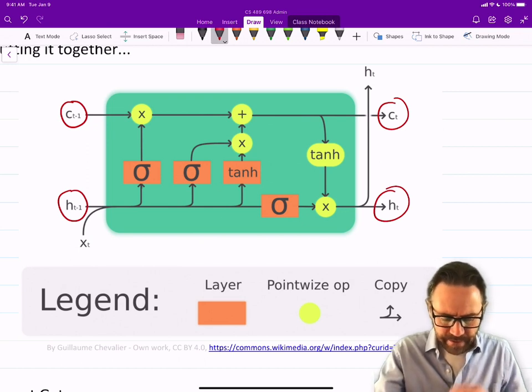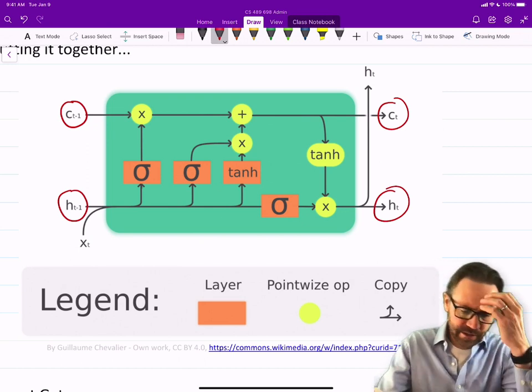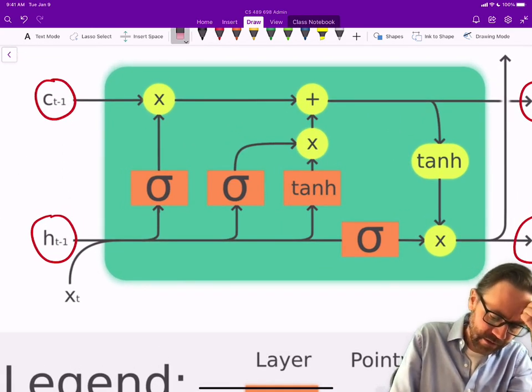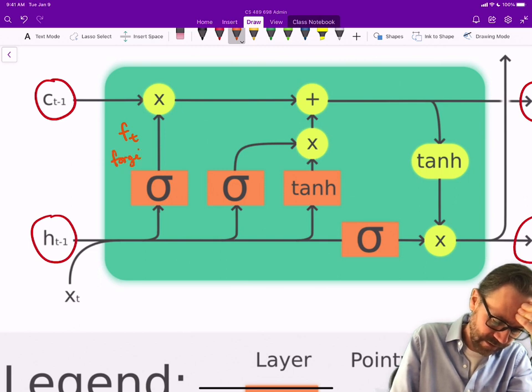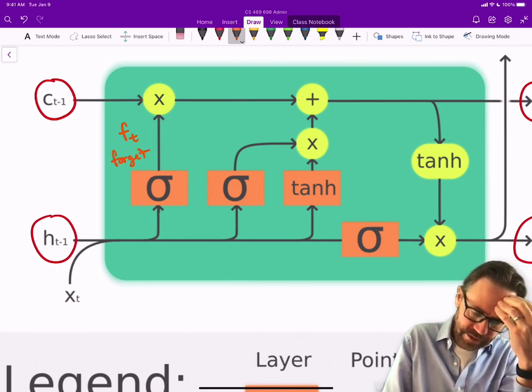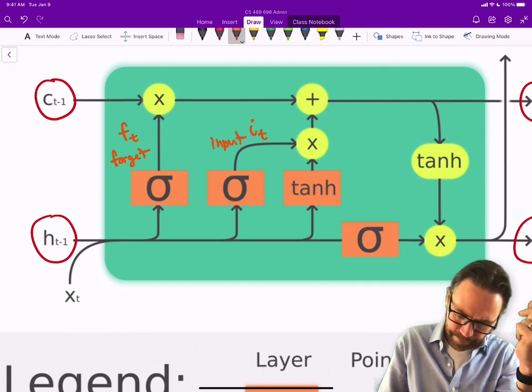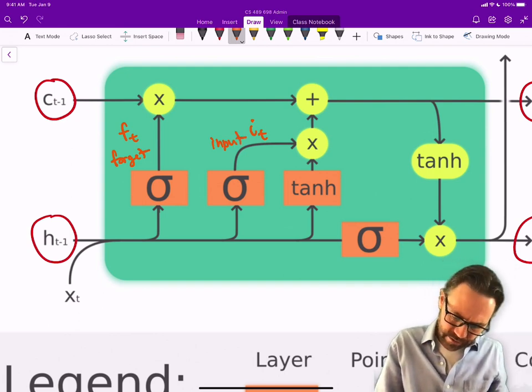Now there are these different gates here. So here's what I'm going to call the forget gate. This will be F sub t. It's the forget gate. This here is the input gate, I sub t. And over here is the output gate, O sub t.